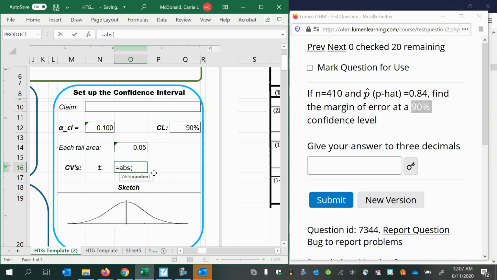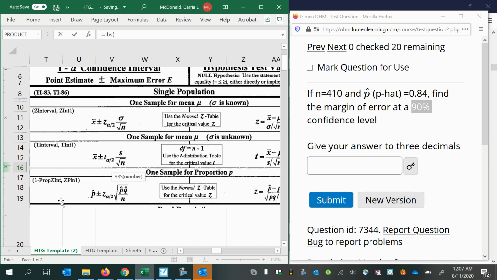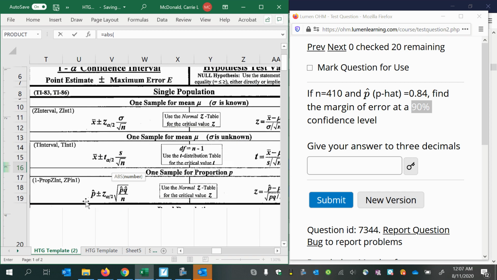So in the left tail, we're going to find a z-score boundary because this is a claim about a proportion, or a confidence interval for a proportion. And notice that on our quick reference guide, when we're doing a confidence interval for a proportion, we use z-scores for the critical value.